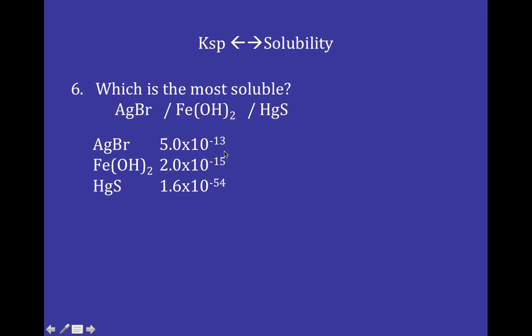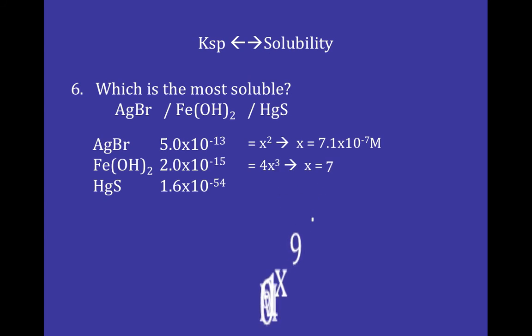To get the solubility of this, we're going to take the square root. To get the solubility of HgS, we're going to take the square root, because it's 1 to 1. To get the solubility of this, we're first going to divide by 4, and then we'll take the cube root. So when we do that, we get 7.1 times 10 to the minus 7 big M for HgBr. 7.9 times 10 to the minus 6 big M for Fe(OH)2.